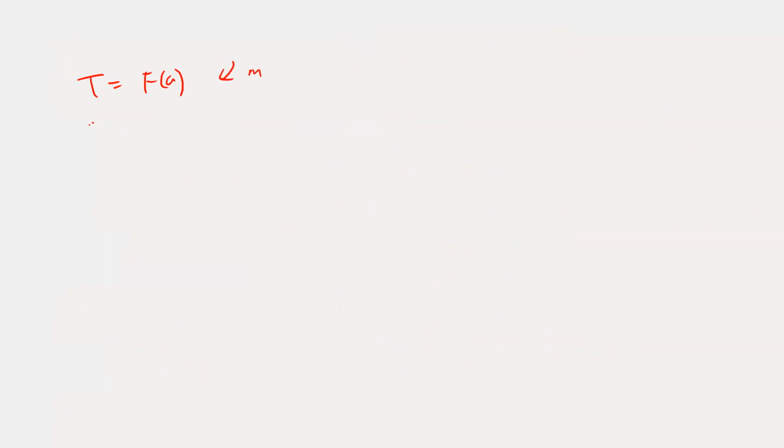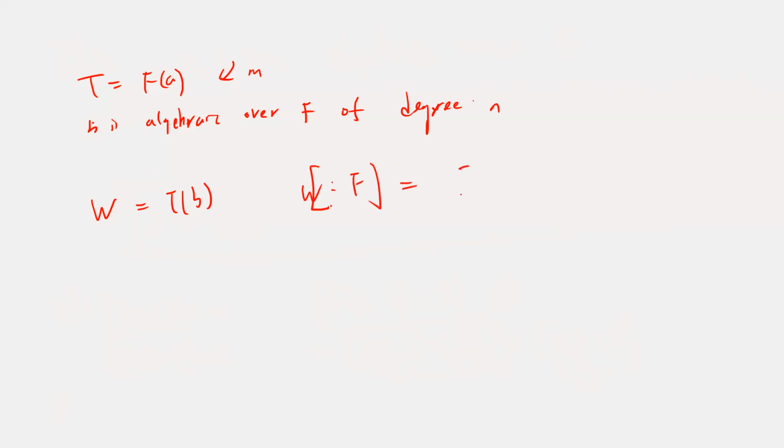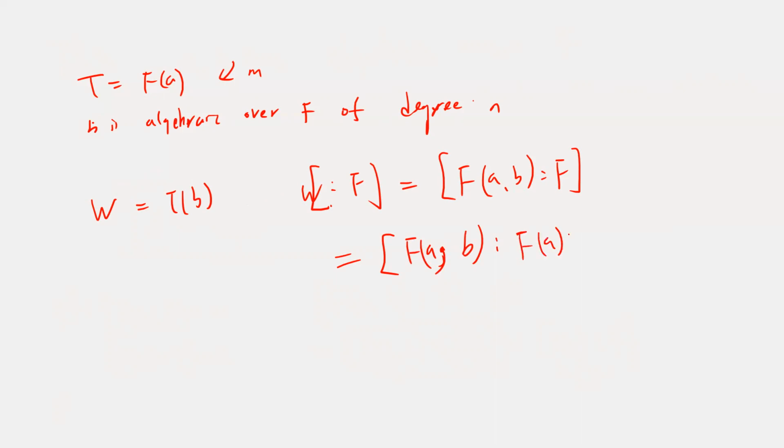And then we know that B is algebraic over F of degree n. Okay, so this is what we have now. So let W be F(A)(B), right? So we know that W over F is basically just F(A, B) over F. We want to compute this. It's F(A, B) over F(A), right?